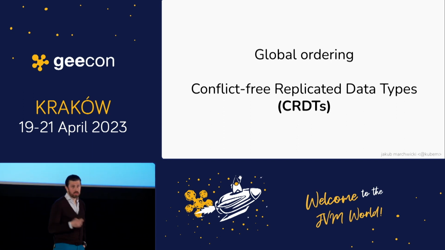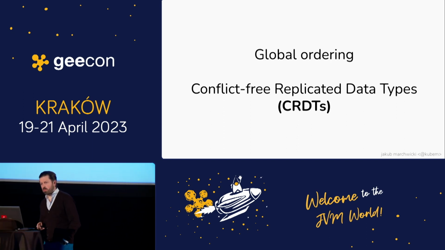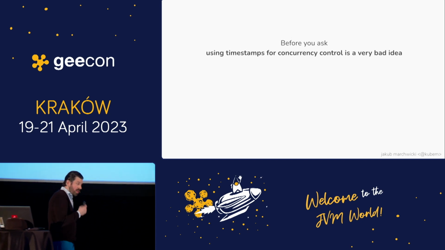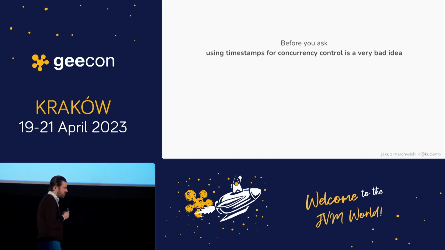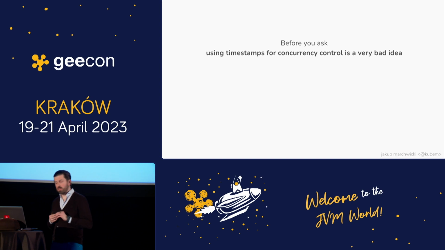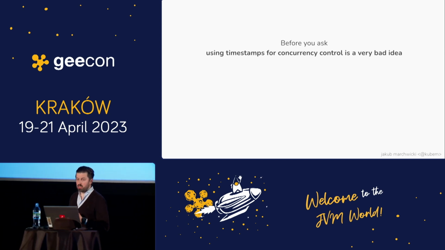Why can't I use my computer clock to do any kind of ordering? And before you ask, using timestamps for concurrency control in a distributed system, as soon as you get outside of a single machine, is just a bad idea.